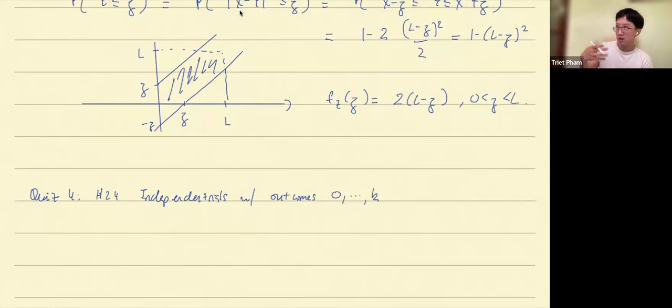So it's like rolling a K plus 1 sided die, but these are not equally likely. This is not a fair die.